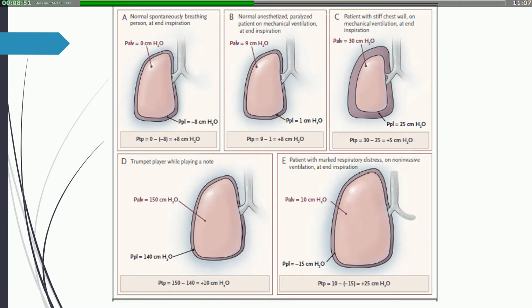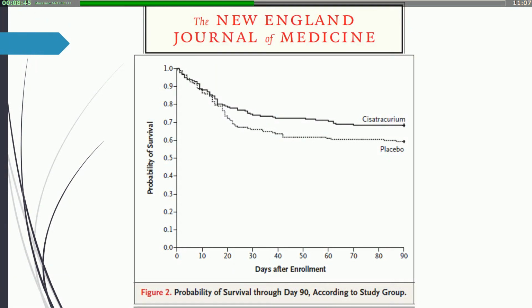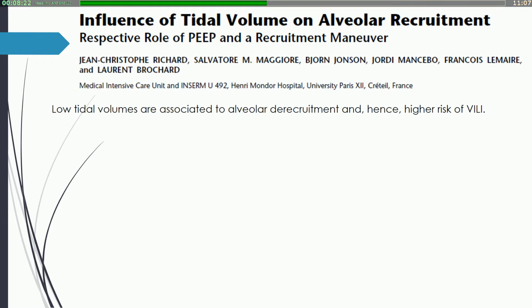The possibility to solve this problem, at least at the very beginning of the syndrome, is to apply the Laurent Papazian suggestion in the study, where the use of neuromuscular blocking agents during the early phases of the ARDS may make a difference. Indeed, this study showed that the application of this principle could reduce the mortality rate at 90 days.